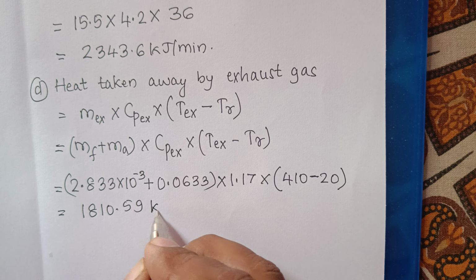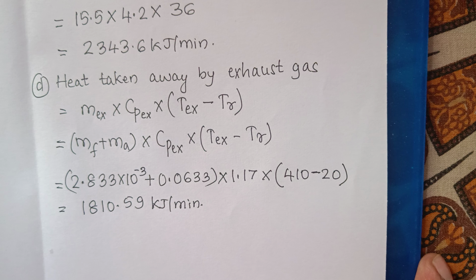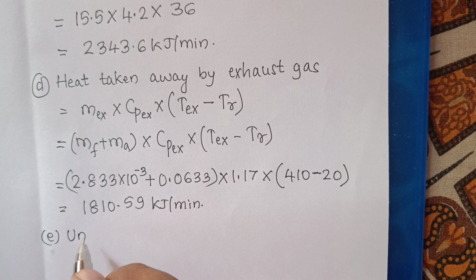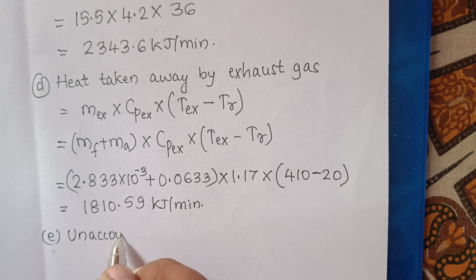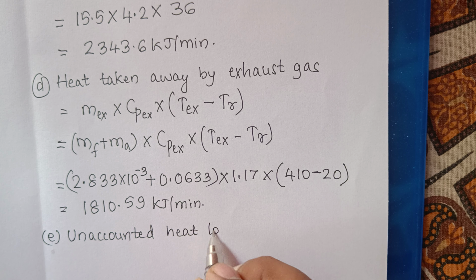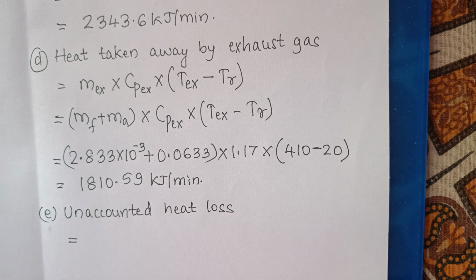1810.59 kilojoules per minute. Once I get this value, let me find out the last one, that is unaccounted heat loss. This unaccounted heat loss is nothing but the heat lost due to friction, or it may be due to radiation.